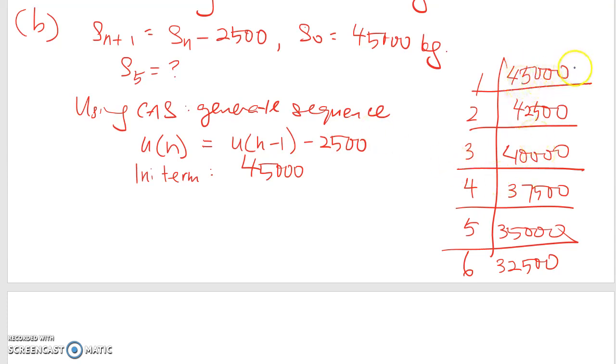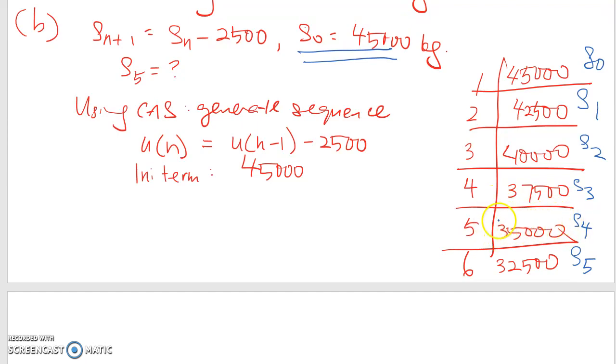Now, let me point out several things here, which are very, very important. This first number you see here actually represents S0. Remember? That's S0. This second number that you see here is S1. And it follows that this is S2, S3, S4, and this is S5. So don't be deceived.